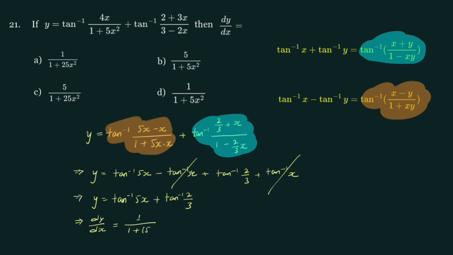So here it will be 5x whole square, and we have to differentiate 5x also, so d/dx of 5x is 5, plus d/dx of tan inverse 2 by 3, which is a constant, so it will be 0. So the value of dy over dx equals 5 divided by 1 plus 25x square. That means the correct answer for this question is option C, that is 5 over 1 plus 25x square.